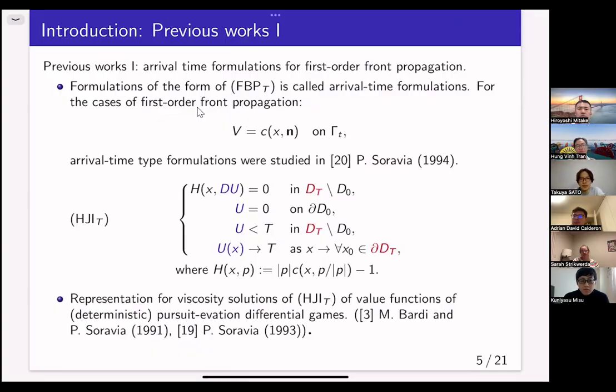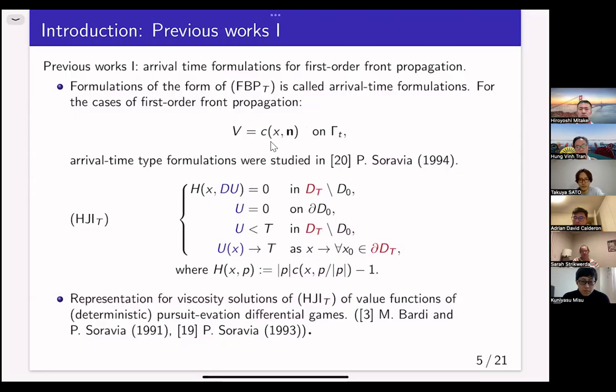This is because, at first, for the first order front propagation problem without curvature effects, the formulation is called for this first order surface evolution.